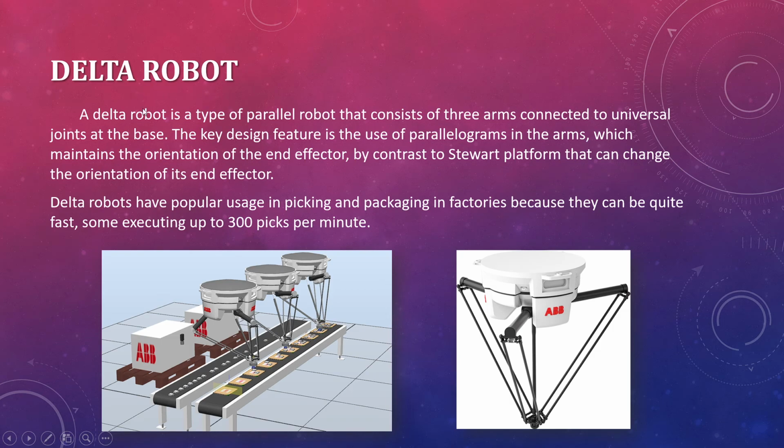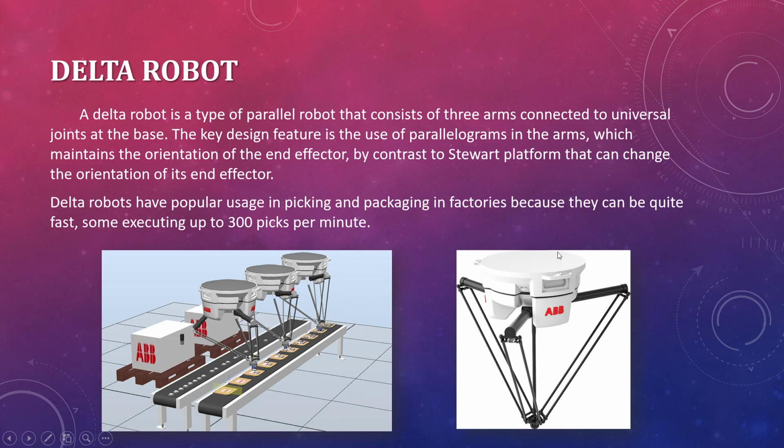And a delta robot. A delta robot is a type of parallel robot that consists of 3 arms connected to universal joints at the base. The key design feature is the use of parallelograms in the arms, which maintains the orientation of the end effector, constraining the platform so it cannot change the orientation of its end effector.